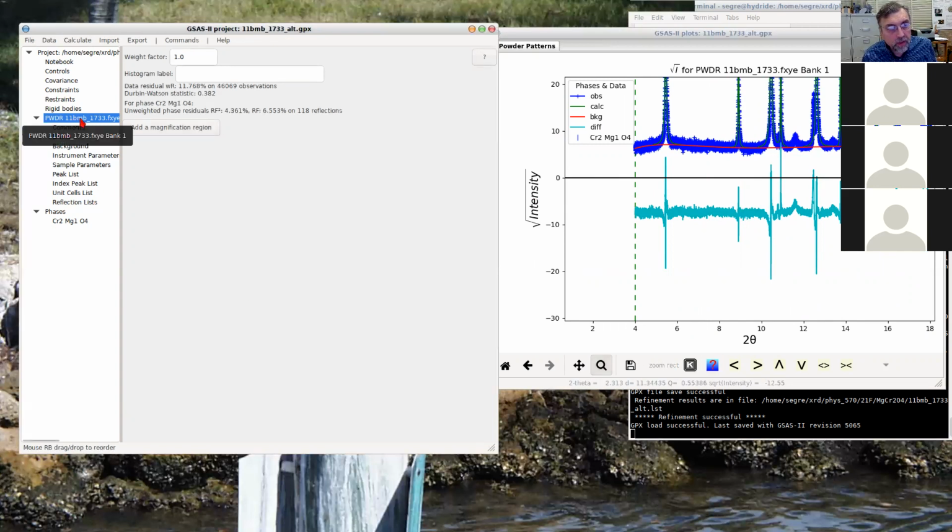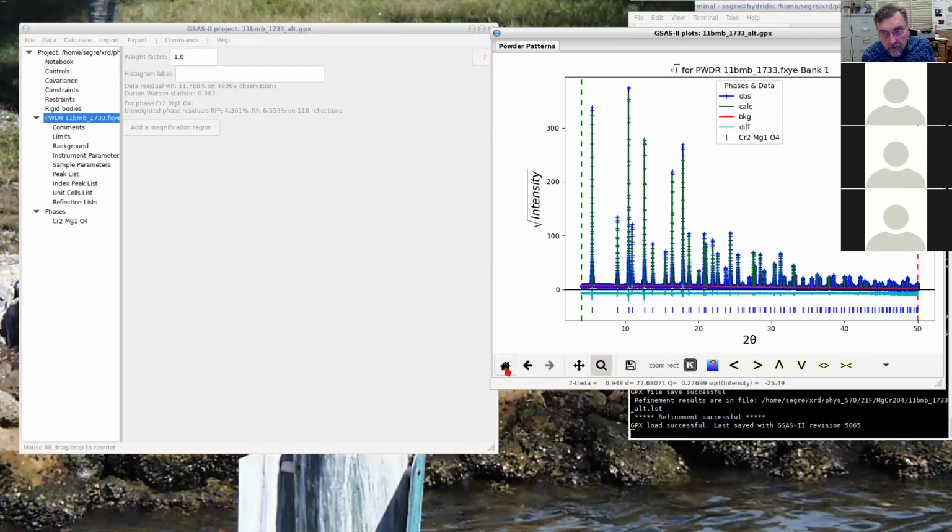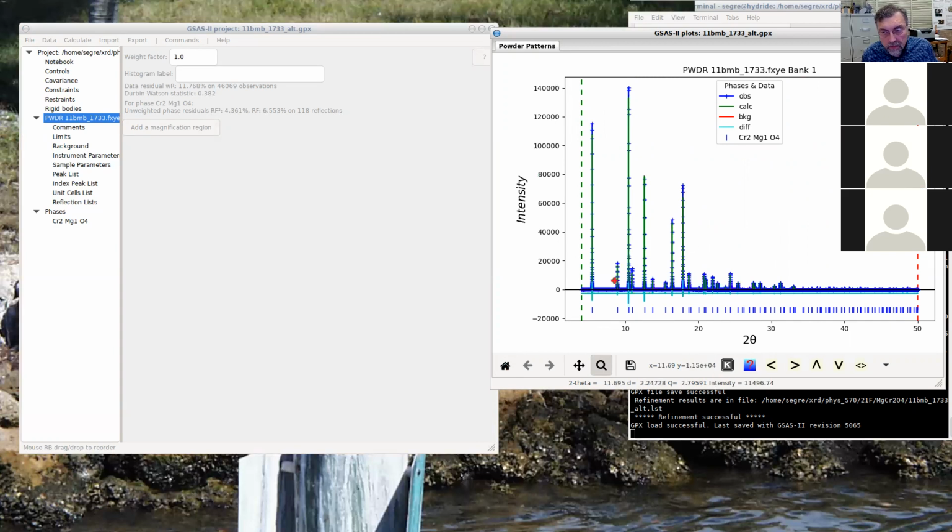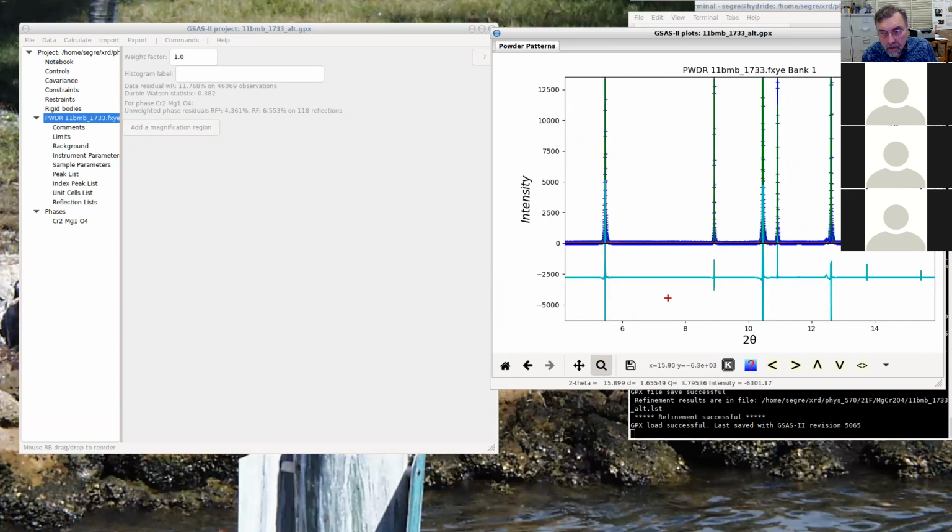And you don't see these peaks too well if you don't look at the log, or if you don't look at the square root. Because if I look at the actual intensity, these peaks are really tiny. The only one I really see is this one here. And the others are very tiny and not very visible.